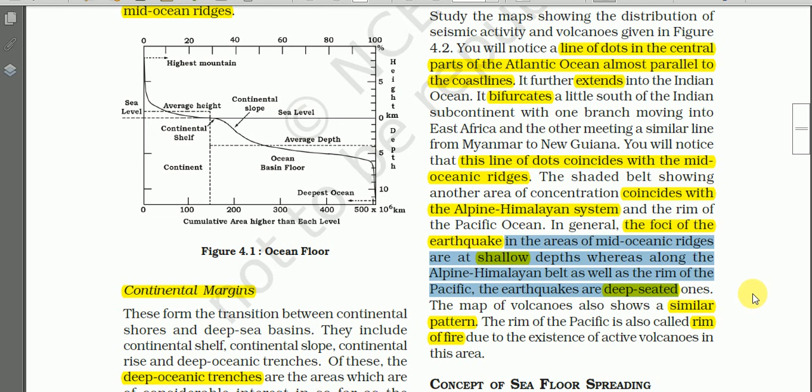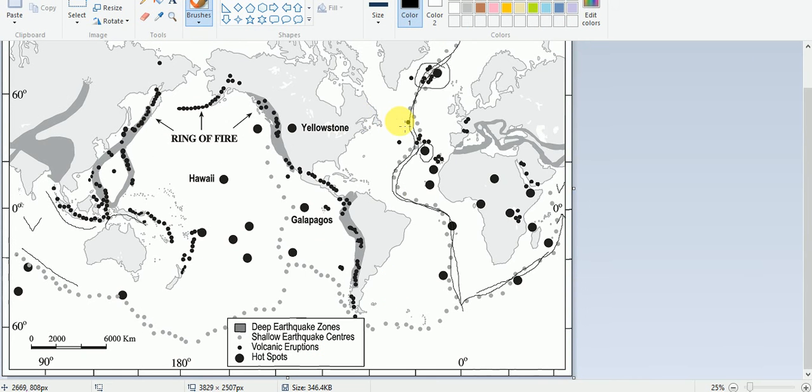See here, the focus of earthquakes in the areas of oceanic ridges are shallow, whereas in the Alpine Himalayan belt, see here in this area, the focus of earthquakes are deep-seated.